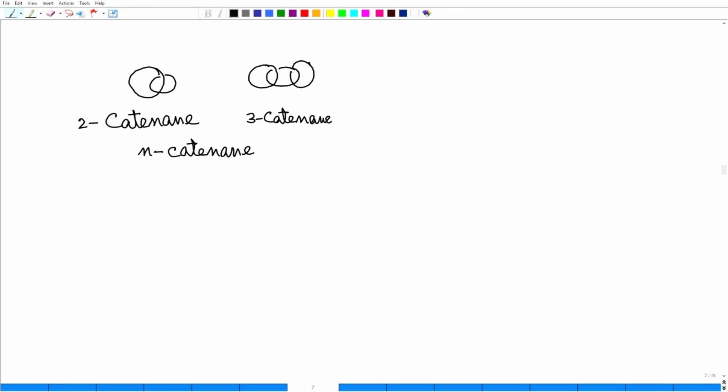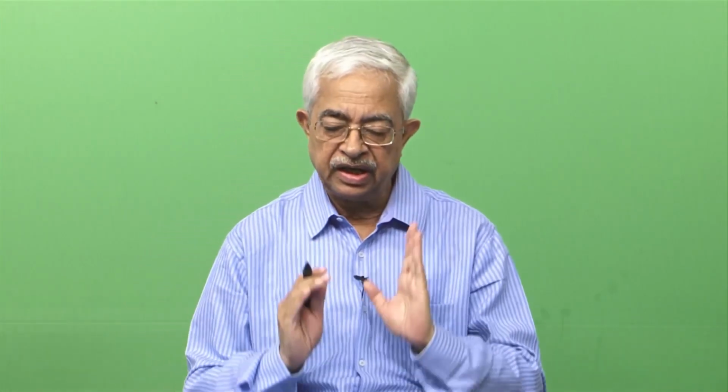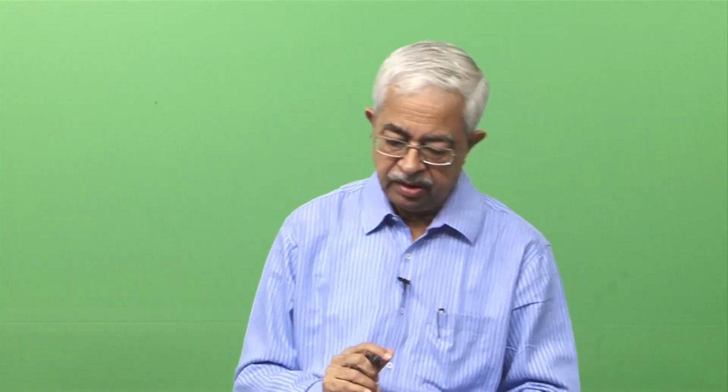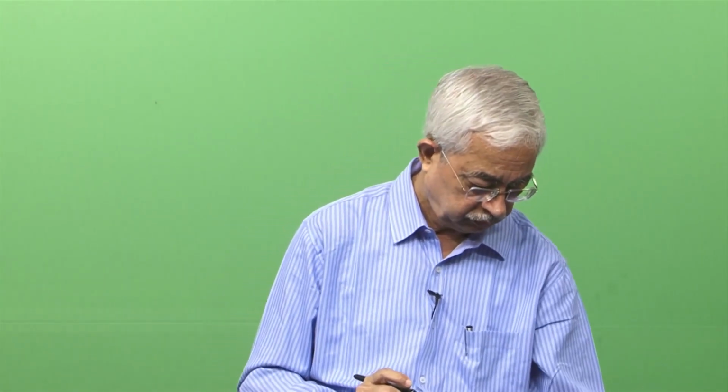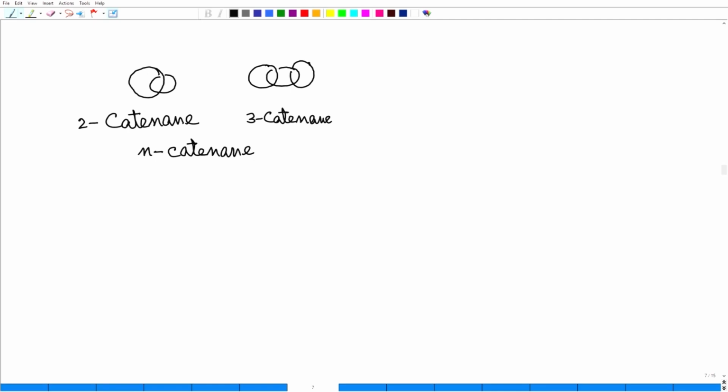This is a very good example of the kinetic template effect. So, let me now go about synthesizing what we will call a 2-catenane. This is very important, and it will be based on the kinetic template effect, which you already know.